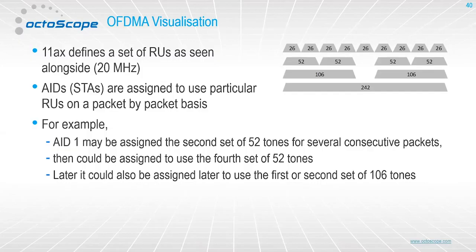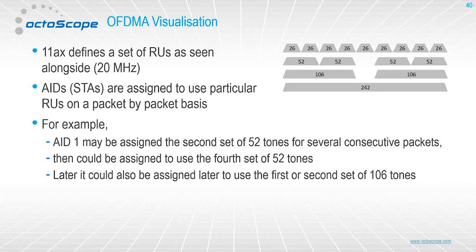Resource units are the pieces of the channel that the access point can assign to a user. You can think of it as an amount of spectrum, or as a number of tones, however you like to think of it. Let's talk about a 20 megahertz channel, because that's the picture on the screen. It shows the possible RUs that can be assigned in that channel.